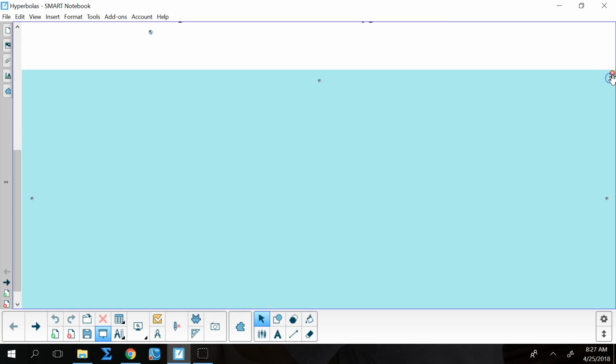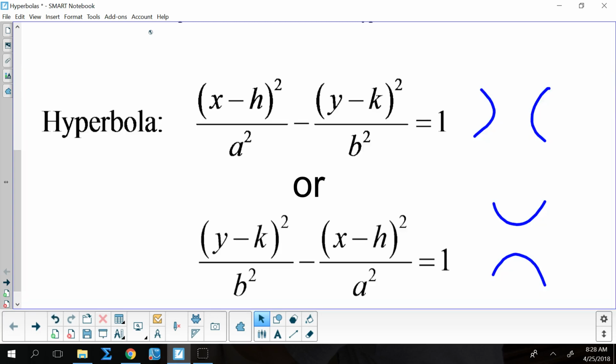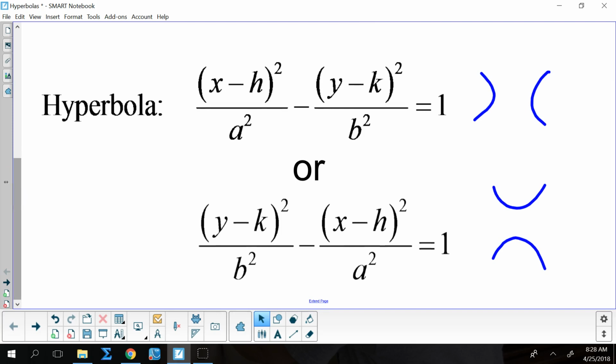So, as I said, there were two different kinds of hyperbolas. What you have to look at is which squared variable is positive. If the x squared is positive, it's a left and a right. If the y squared is positive, it's an up and a down.